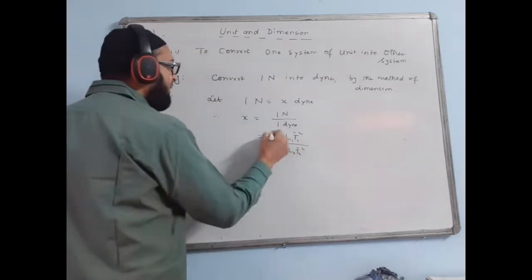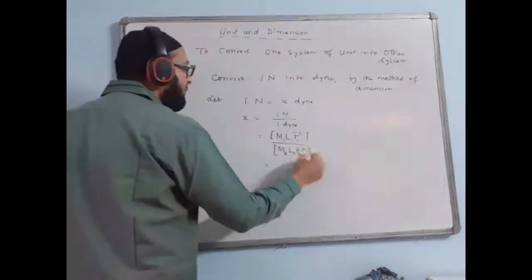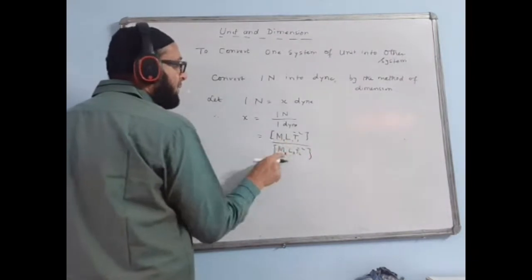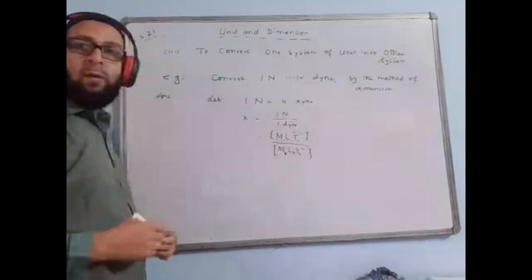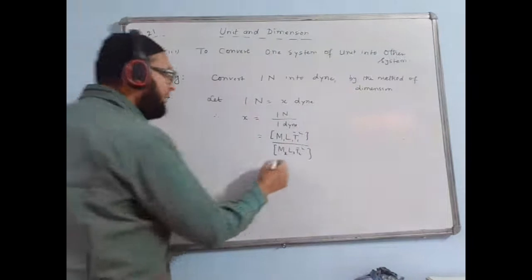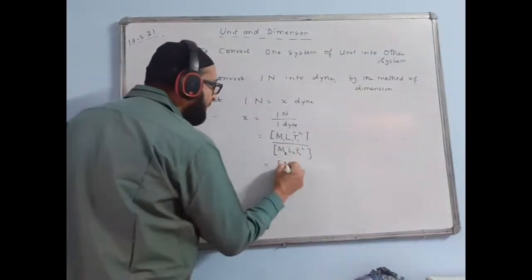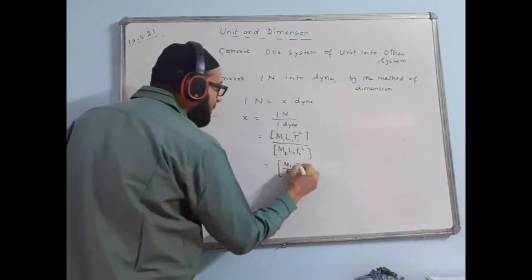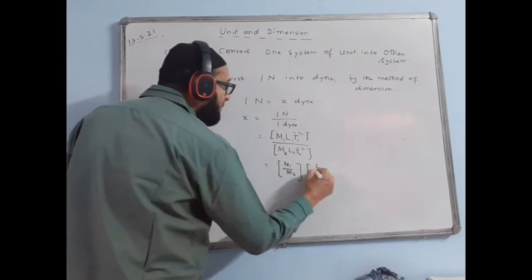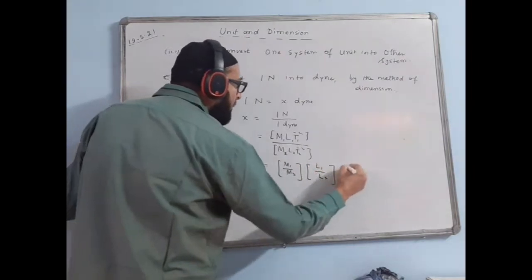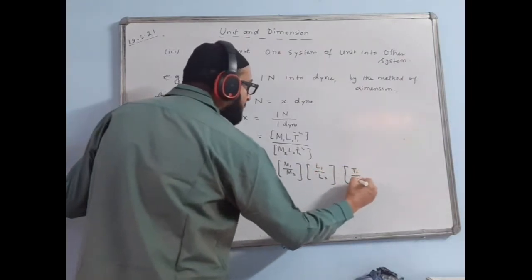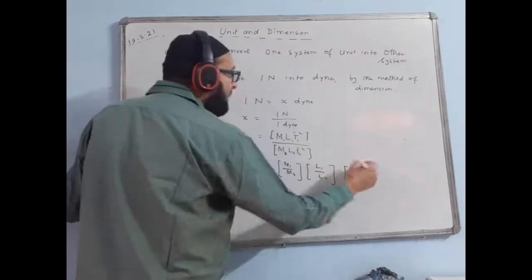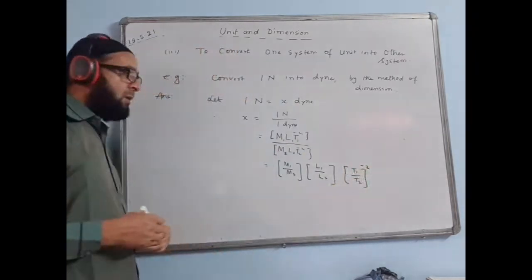Just to differentiate from one another, I write subscript 1 on one side and 2 on the other side. Now I separate the quantities which are similar: M1 by M2, L1 by L2, T1 by T2, and the power of time is minus 2.